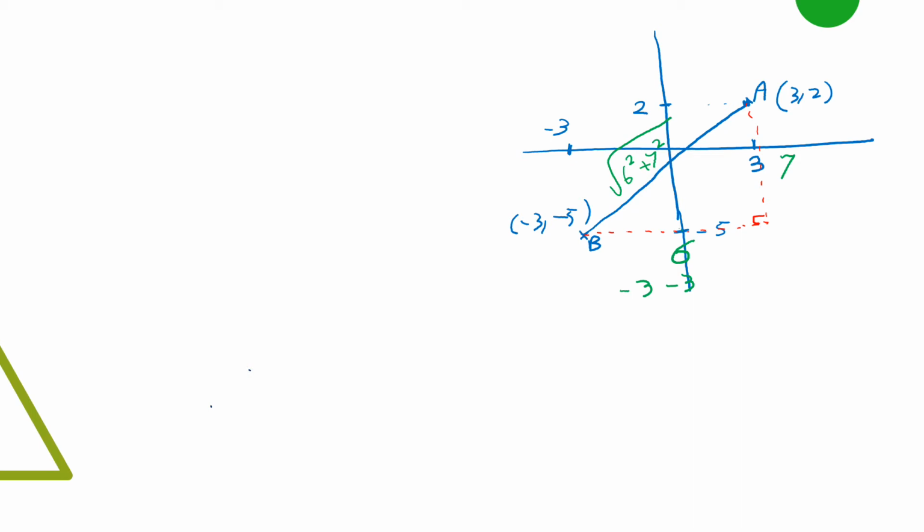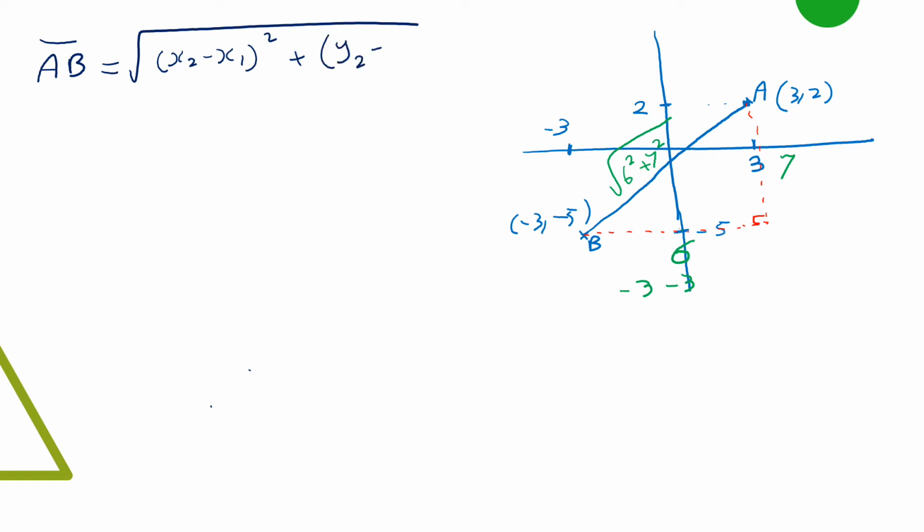How are we going to write that as a rule? So the length of a line AB, basically, as we said, is the difference between the two x's, so (x2 minus x1) all squared, plus the difference between the two y's squared.